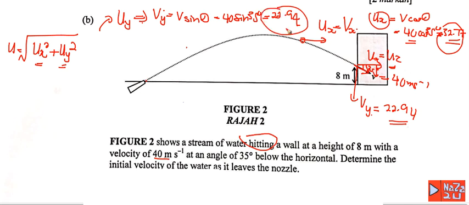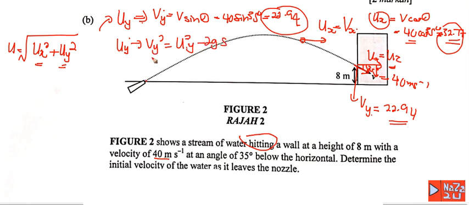Now you can find the value of uy. To calculate uy, you can use the equation vy squared is equal to uy squared minus 2gs.